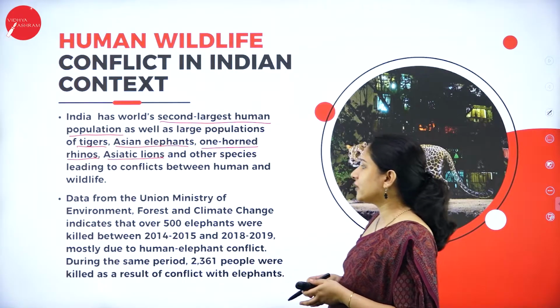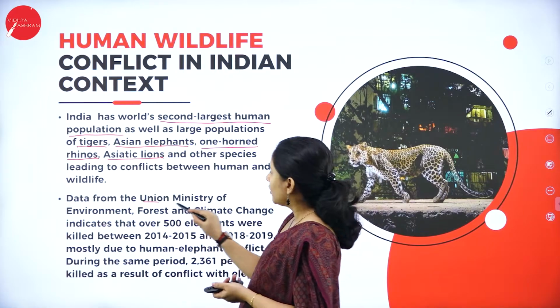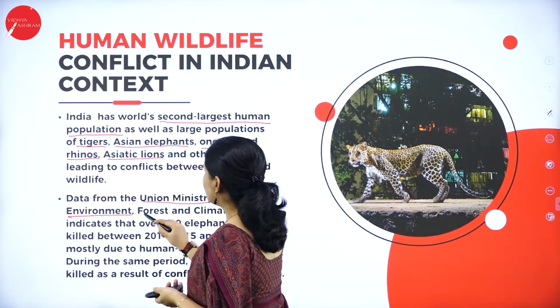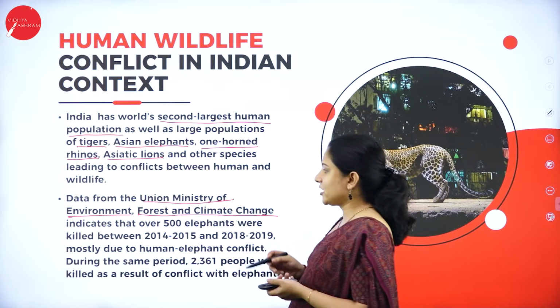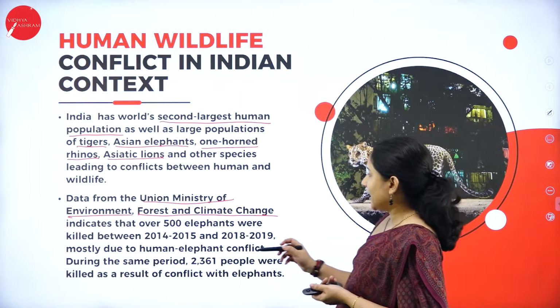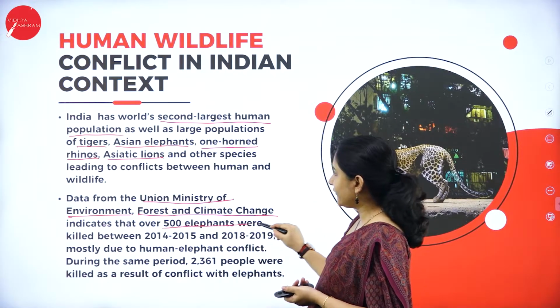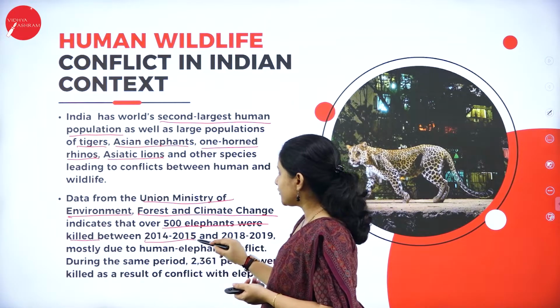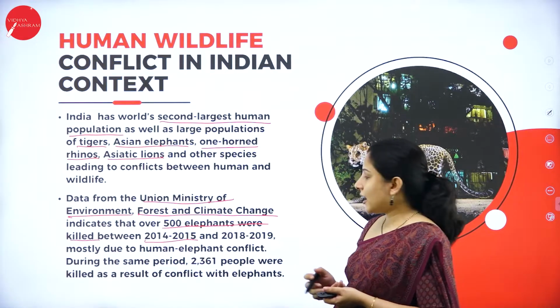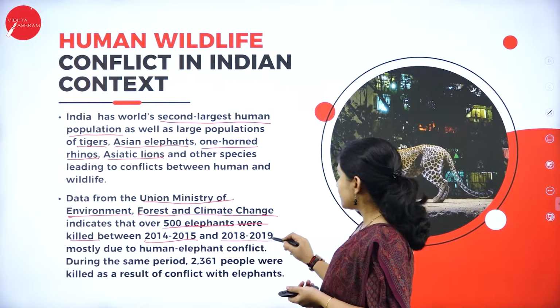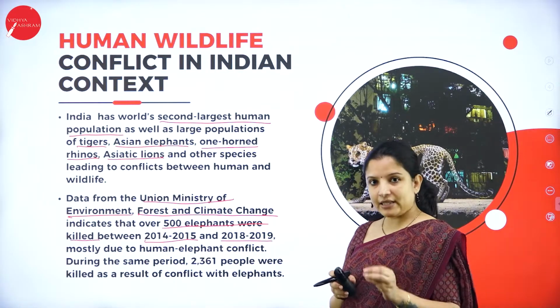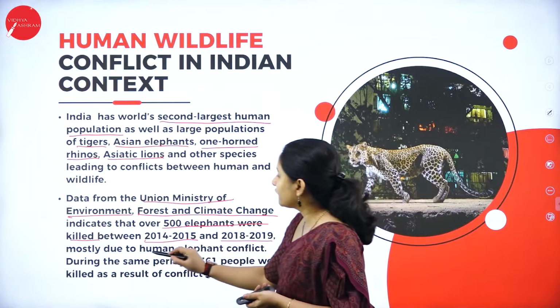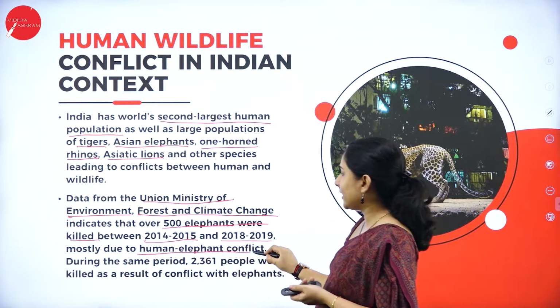So the data from the Union Ministry of Environment, Forest and Climate Change indicates that 500 elephants were killed between the year 2014 to 2015 and 2018 to 2019, mainly because of conflict between humans and elephants.